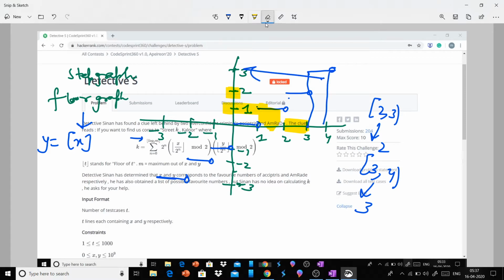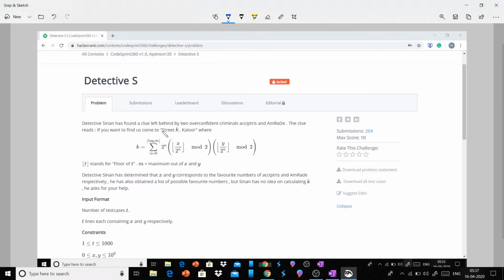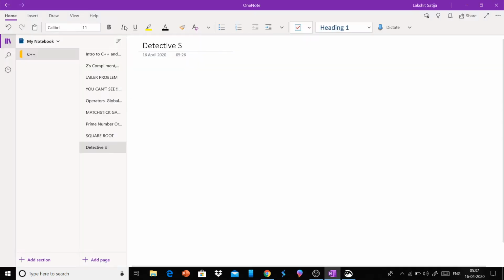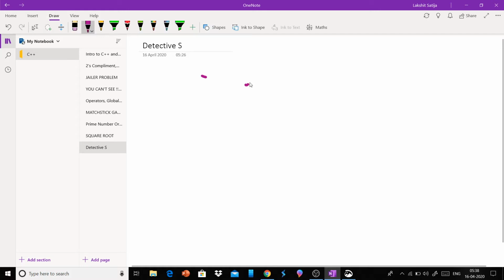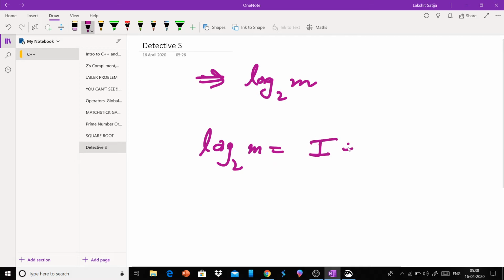Now let us see how to calculate the log of a number, right? Another important thing is log. So basically we need to calculate log base 2 of m, right? You know that it will be of the form of an integer I plus a fractional part f.